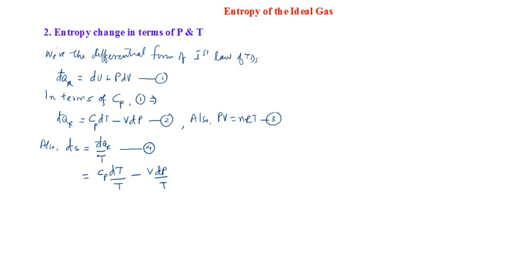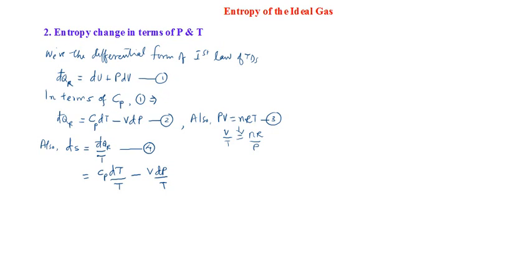So what can be done? You can see that in the second term you have got V by T. So from equation number 3, can't you get something for V by T? V by T will be equal to simply nR by P. And is it not beneficial? Yes, it's beneficial.